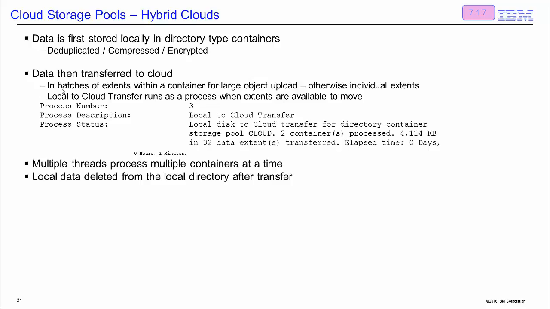And then as we move it across the network and the cloud comes back and confirms that it's been written, we'll then update it with the cloud location. You will also see a process that shows that local to cloud transfer is running, and multiple threads can run against a container at one time. When we've written that data out to the cloud, we do delete it off of the staging area. We don't keep it around or cache it.